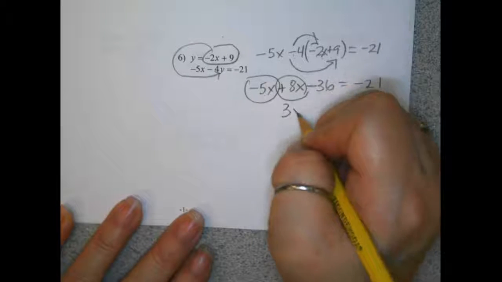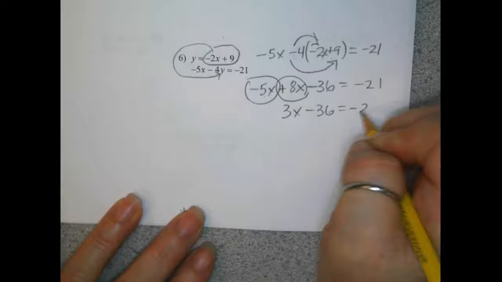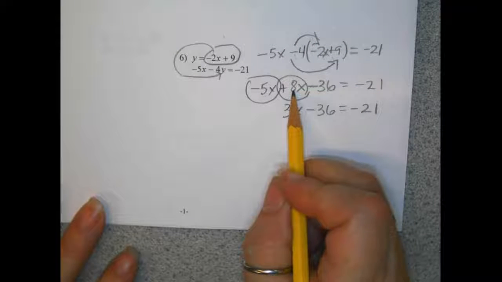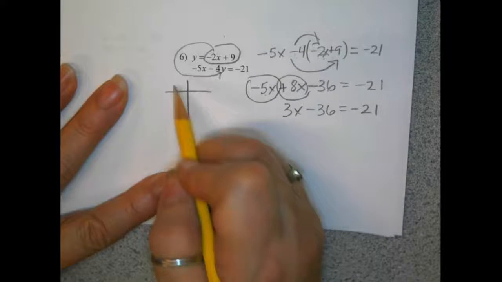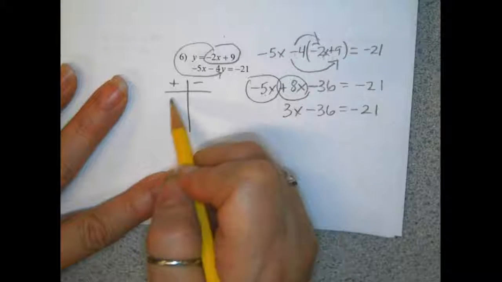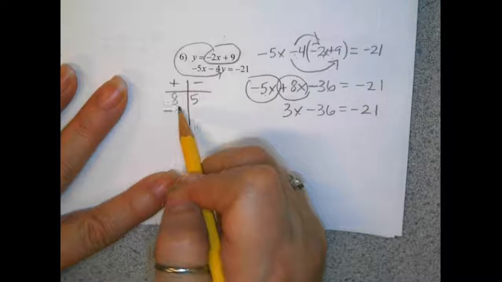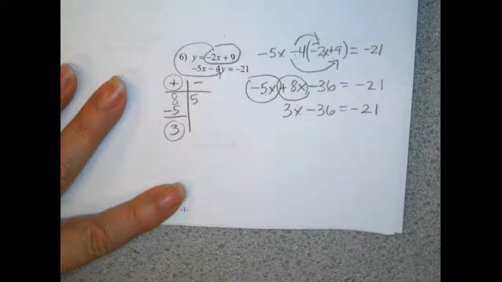So it becomes positive 3x minus 36 equals a negative 21. Negative 3x? No, because the 8's positive. It's a bigger number. So if I did my t-chart, here's my positives and my negatives. 8 is positive, 5 is negative. 5 is a smaller number, so I'm going to subtract it, which gives me a 3 on the positive side. Okay?